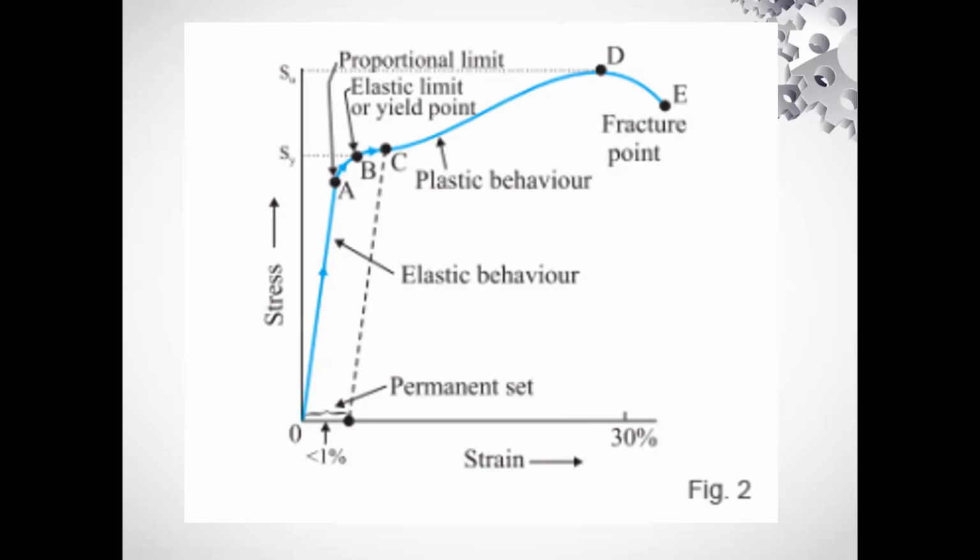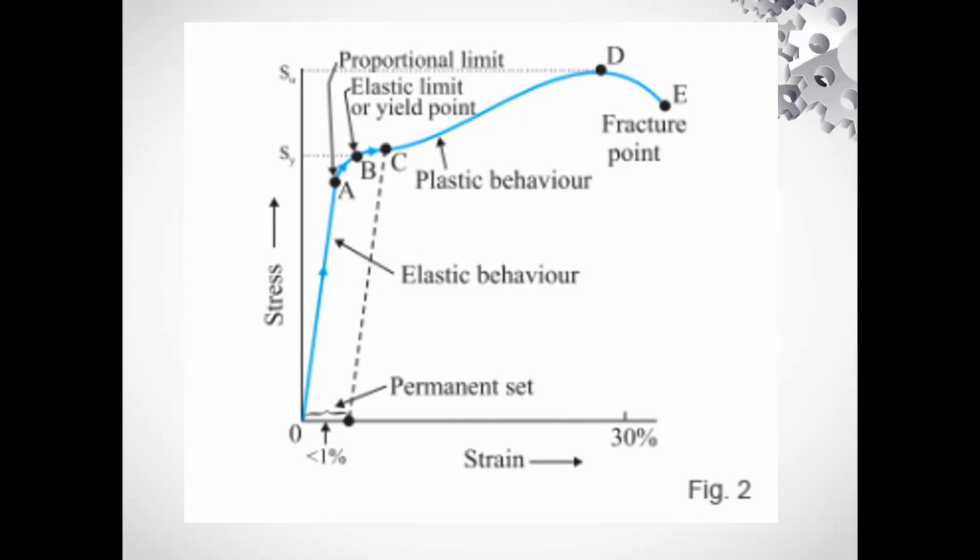For example, if you are hammering a steel rectangular block, that block has some elastic limit. Up to that elastic limit, however many times you hammer or hit it, it doesn't change its shape.